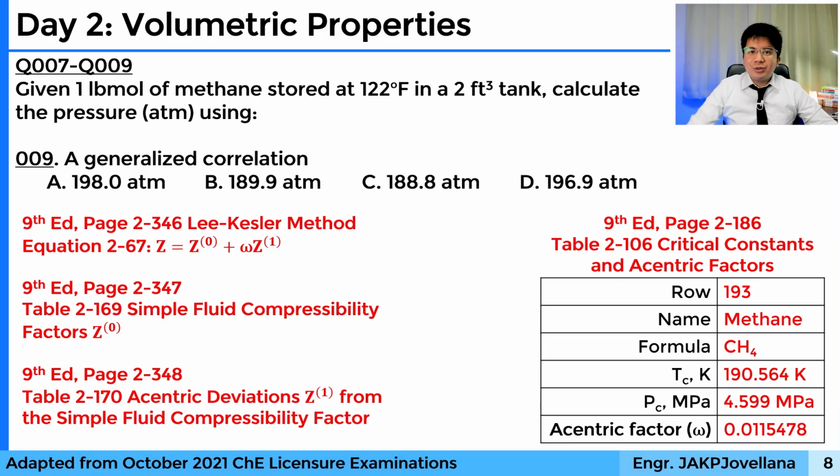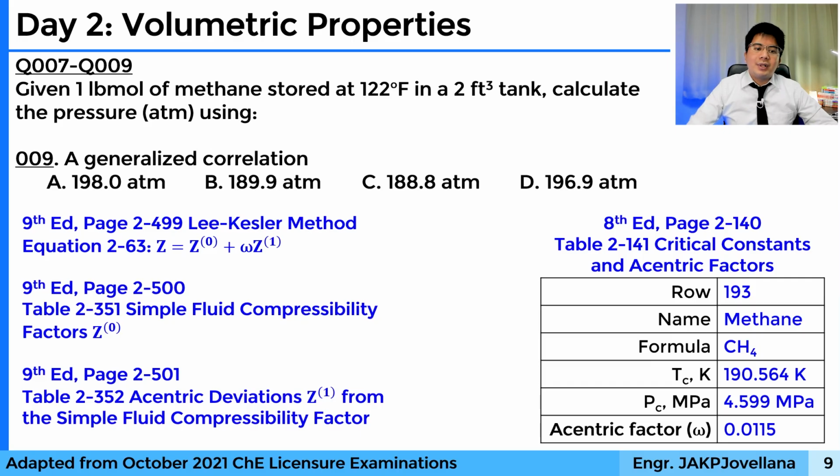This is an interpolation method where we will use the reduced pressure and reduced temperature for the values of Z0 and Z1. And we can obtain the tables for Z0 and Z1 from chapter 2. We will also use the critical constant and eccentric factor for methane. So these are the pages, equations, and table numbers for the 9th edition of Perry's Handbook. And in the next slide, we also have these values in the 8th edition.